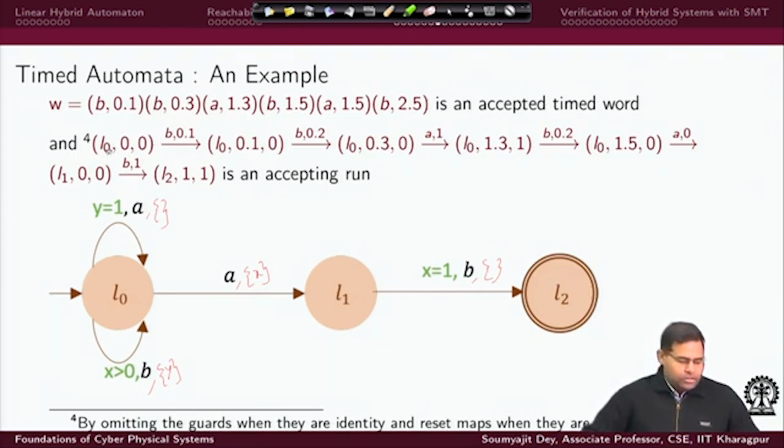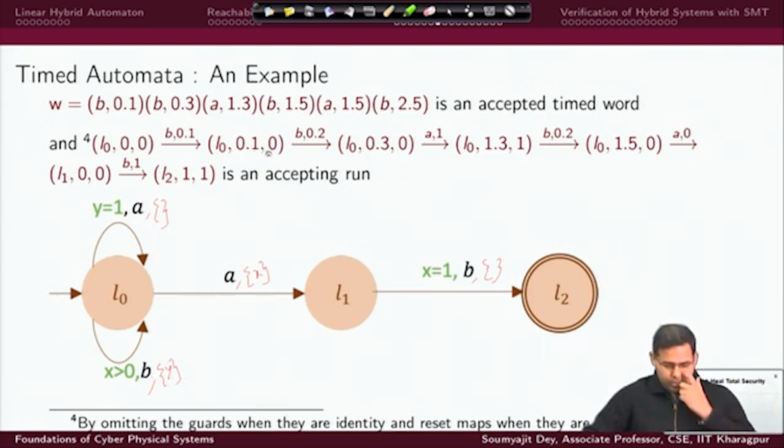So let us say L0, 0, 0. This is your initial state: you are in the initial location and all the clocks are at 0, and then an input event B comes after an elapsing of time of 0.1. So you take this transition, and while you take it, x will climb up to 0.1 and y will be reset as per this, so y remains 0.